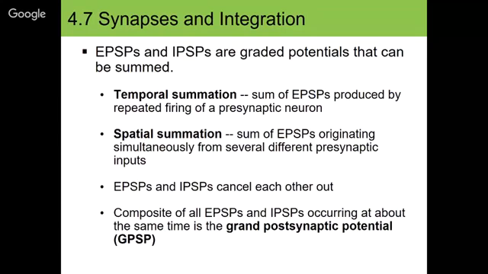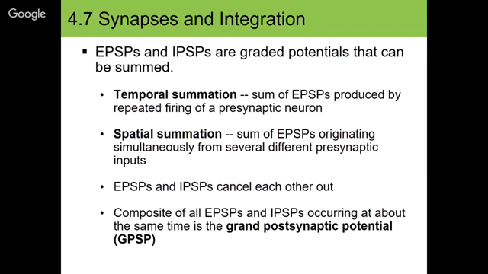Right, so to determine whether there's going to be an overall excitation or inhibition of a receiving cell, we look at a composite of all the EPSPs and all the IPSPs that are occurring. And this includes temporal summation and spatial summation. And the composite of all these results in what's known as the grand postsynaptic potential, okay?